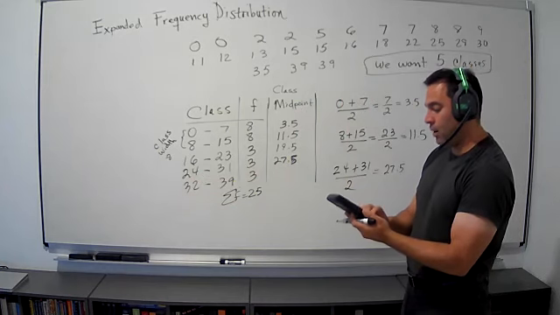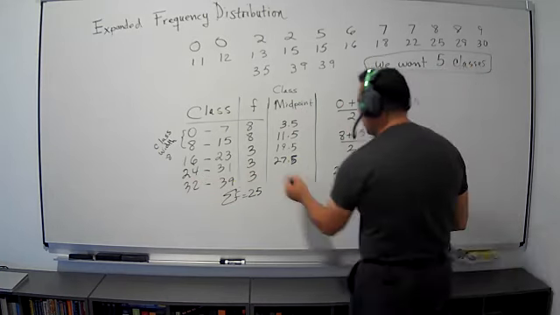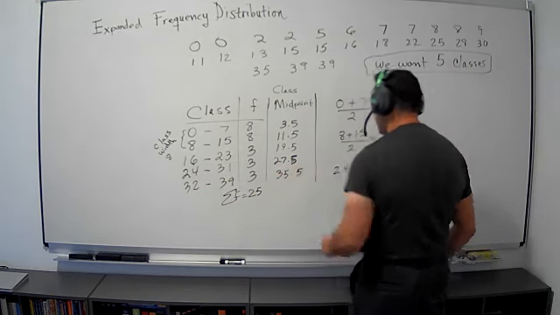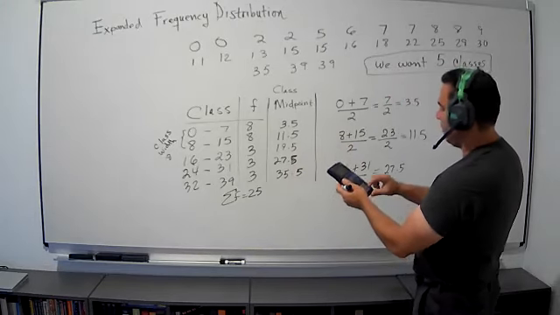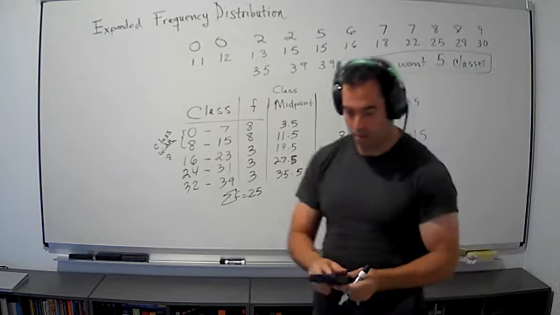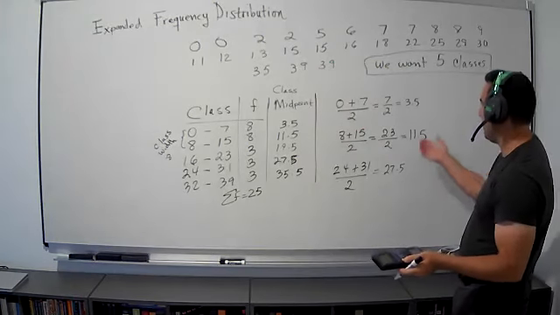Now, just a word of caution. You could do it either way, but if you're going to do it either way, just get it right. With a calculator, a lot of people type 8 plus 15, divide by 2, and they get the wrong answer. I did it the wrong way, and it gave me 15.5 for this one.